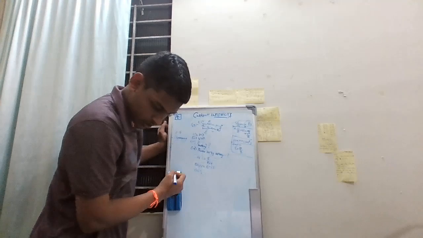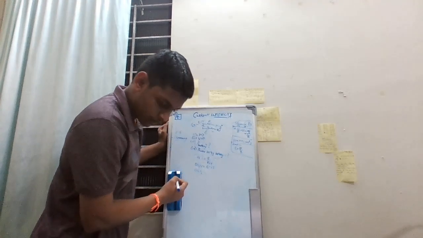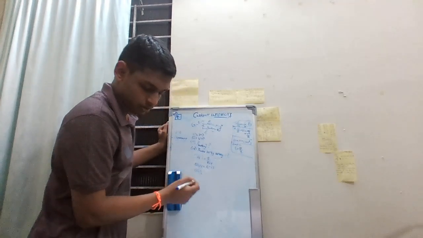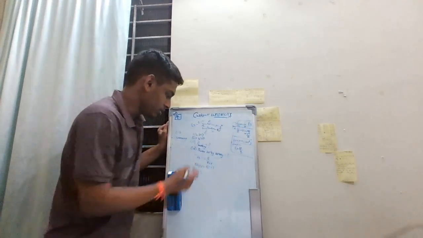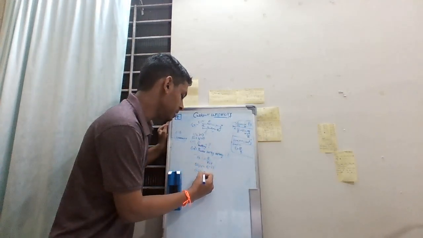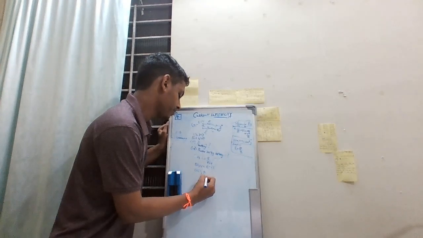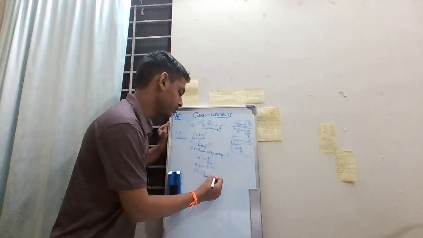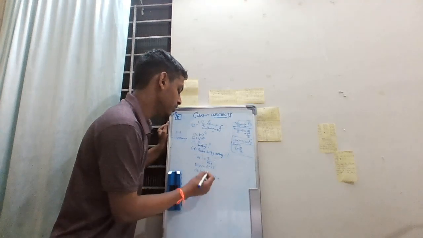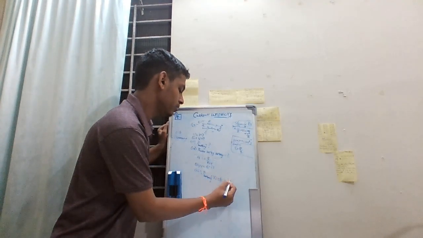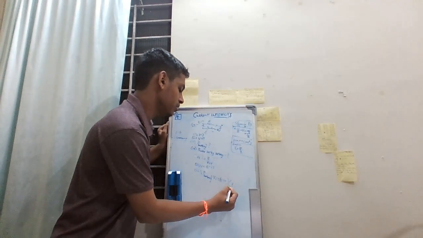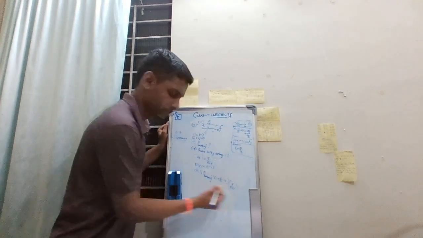Second one was to find the rate at which the chemical energy is consumed by the battery, converted to current electricity. So P battery will use V into I, or here V is E minus Ir into E by R plus r.